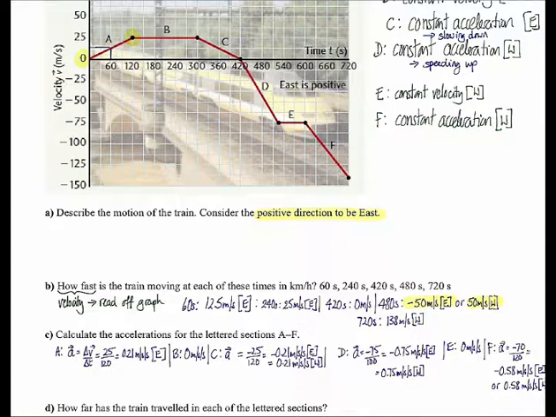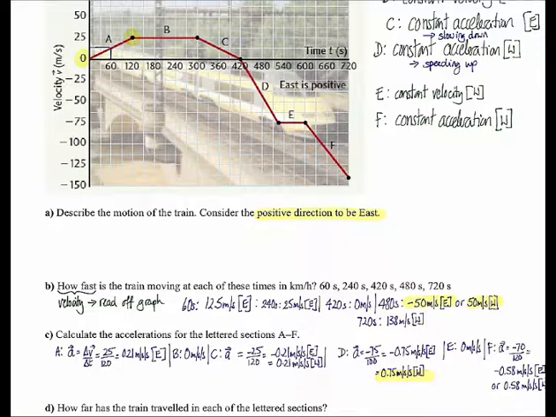So you can have a slope of negative 0.75 meters per second east. But that's the same as 0.75 meters per second west. That doesn't mean it's moving west.